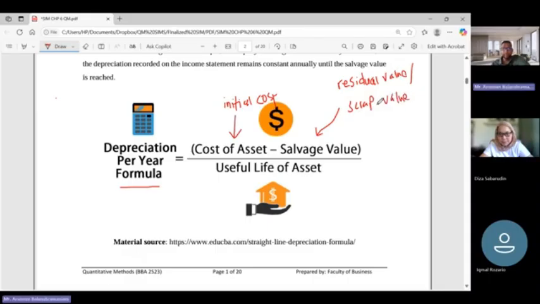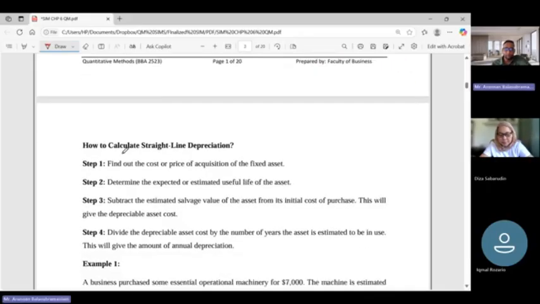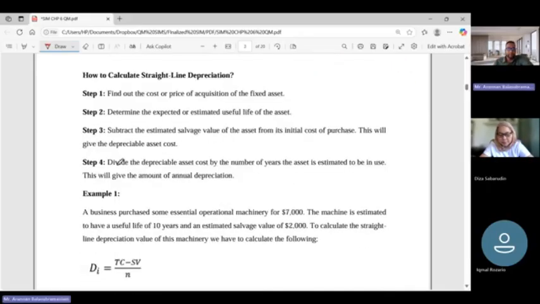So residual value or scrap value, they are known as the salvage value, and also the number of years of useful life.